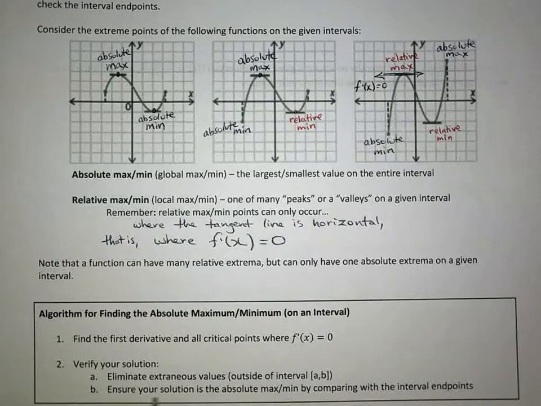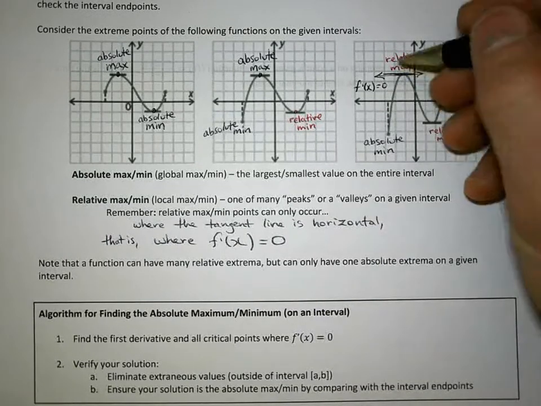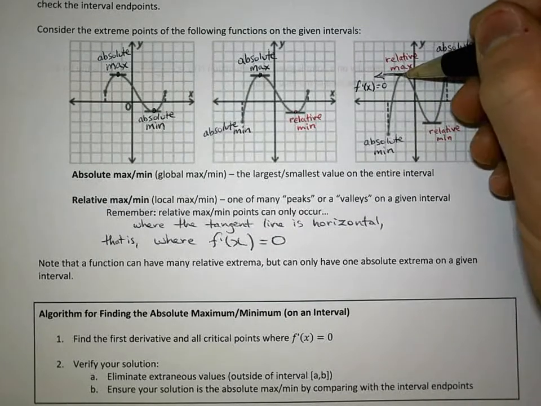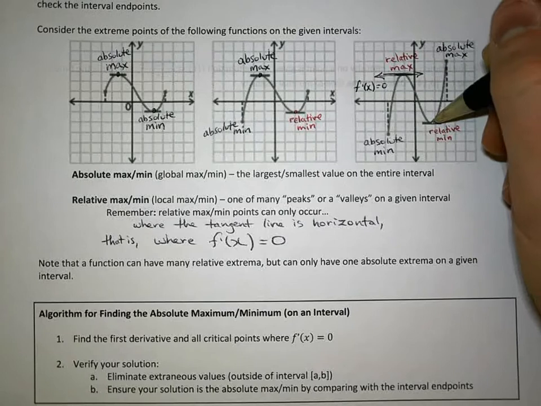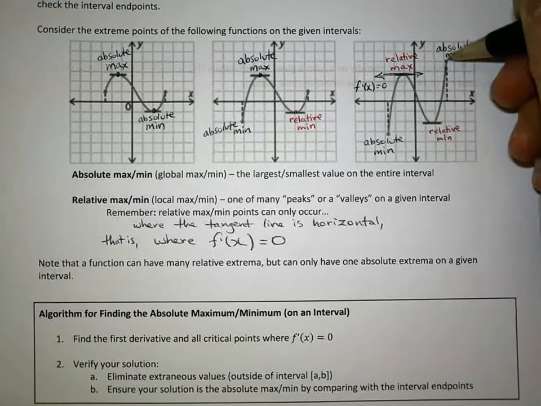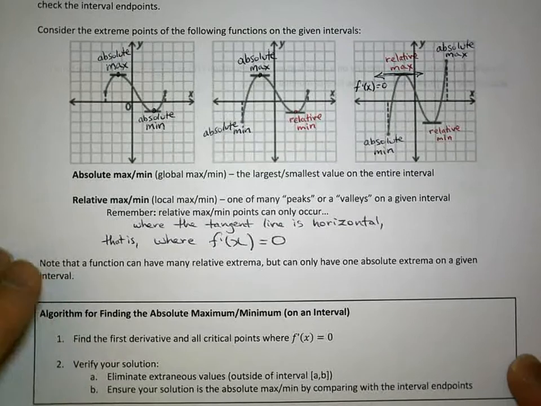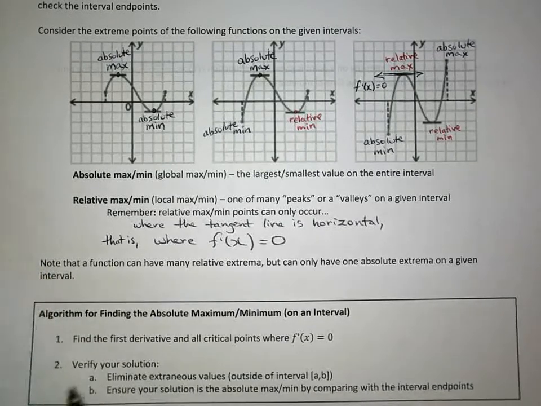Then you compare your solution to all the interval endpoints. Once I know there's a critical point here and a critical point here, I'm going to find the y value, but also find the y value at the interval endpoints. I'm going to compare those y values, and the highest one is going to be the absolute max, and the lowest one is going to be the absolute min. Let's do a problem and see how this works.